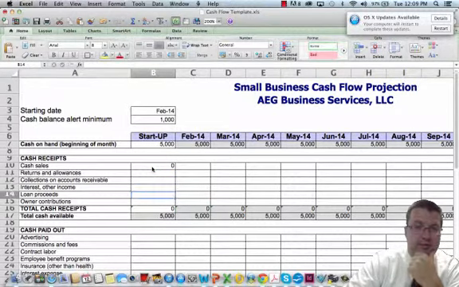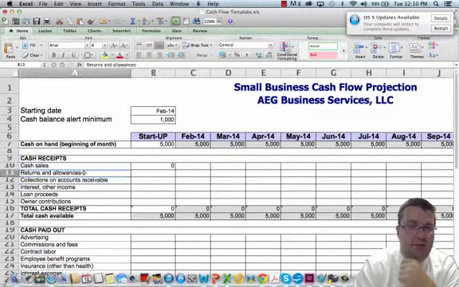What I generally do is I will block out returns and allowances, because that probably isn't going to be specific to your business.